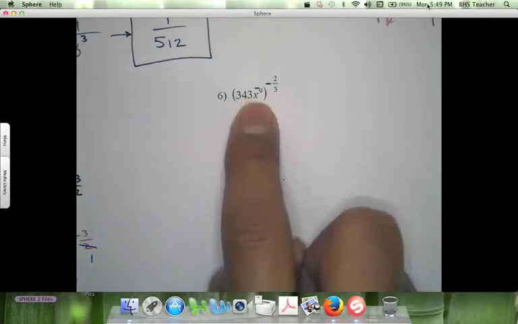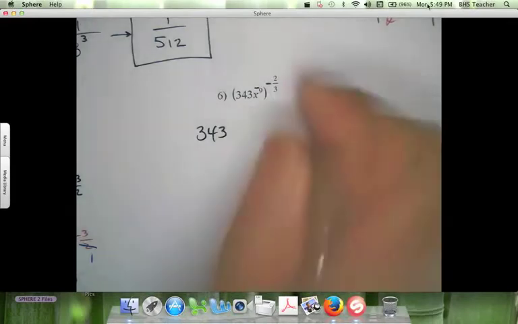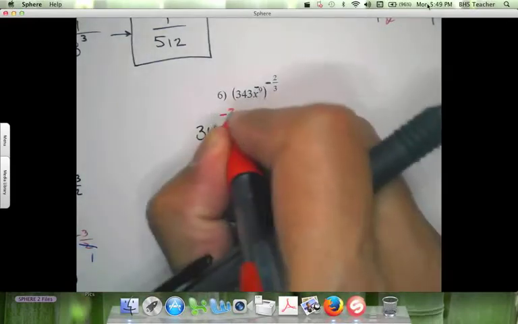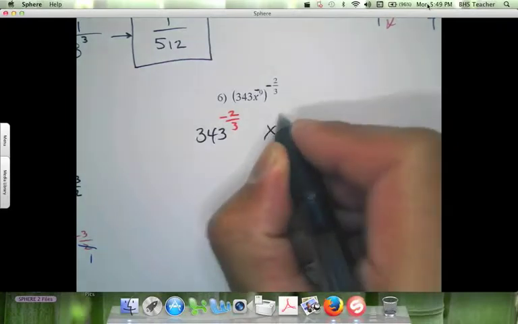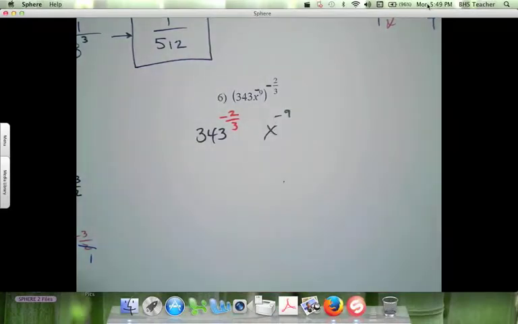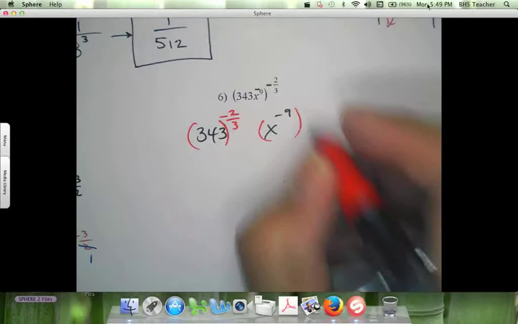So let's split this up. 343 gets the power of negative 2/3, and so does the x to the negative 9 get the power of negative 2/3.